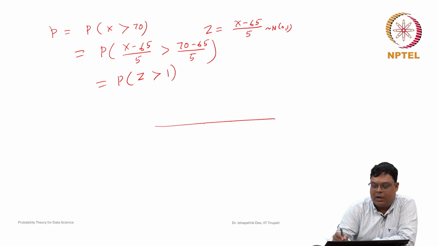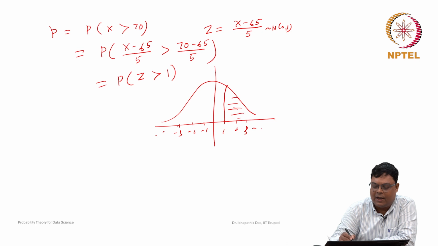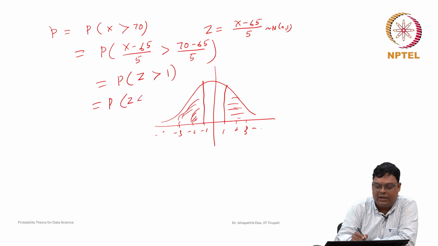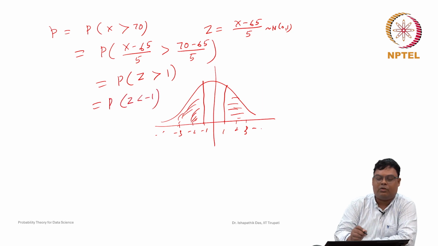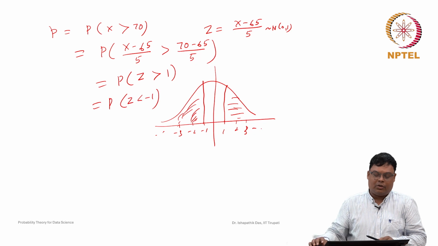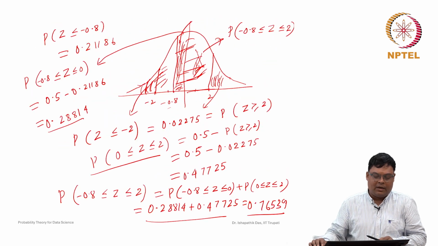We did this several times. This is 1, 2, 3, and similarly minus 1, minus 2, minus 3. Z greater than 1 asks for the probability here, and by symmetry this is the same as the probability that Z is less than minus 1. We use the negative number because from the table we can find this value.